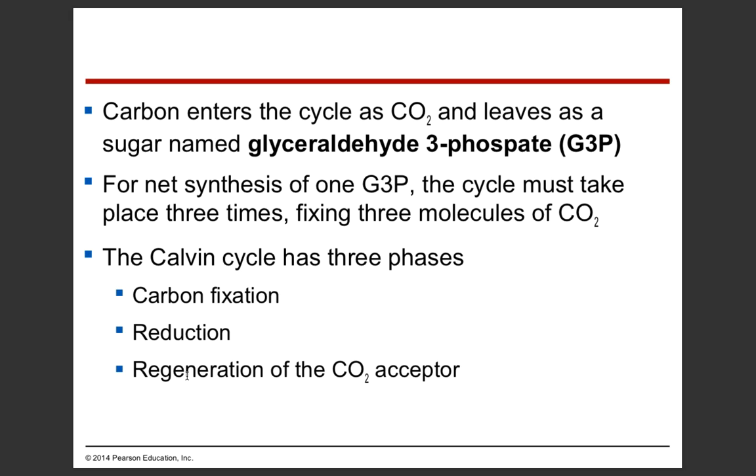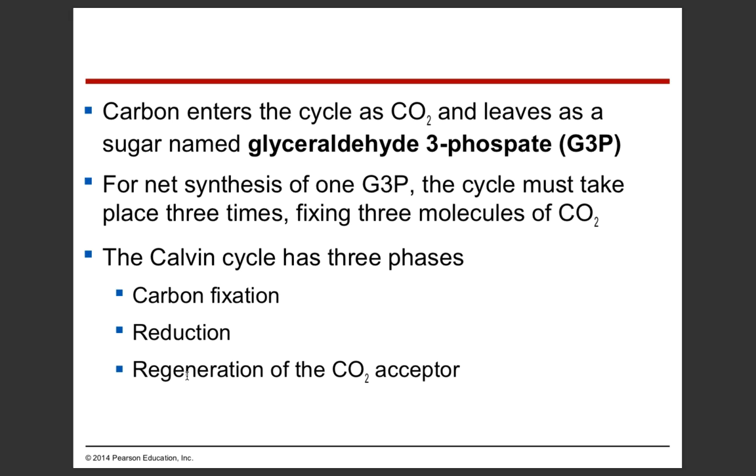Now, if you're intelligent here, you can say, well, if we need 2 G3Ps and you have to use 3 molecules of CO2 to make 1, then I need 6 molecules of CO2 to make 2 G3P. Also 6 CO2, 6 C, C6H12O6, because we need 6 carbons.